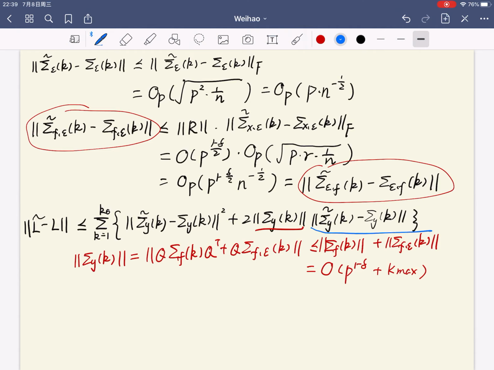For this term, previously we have expanded in the following way. The right hand side can be written as the summation of many differences.